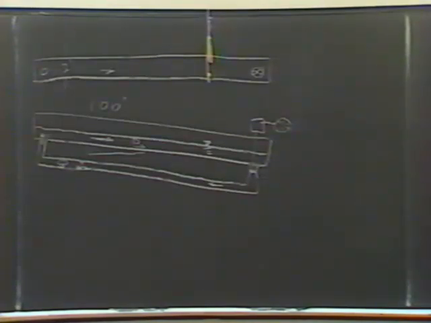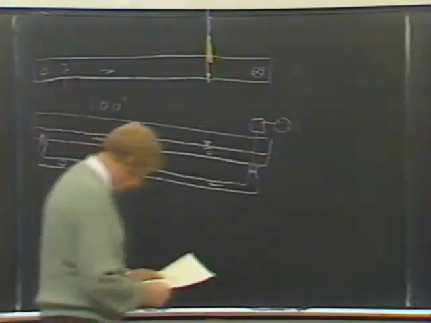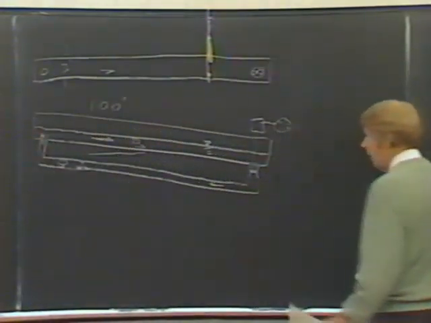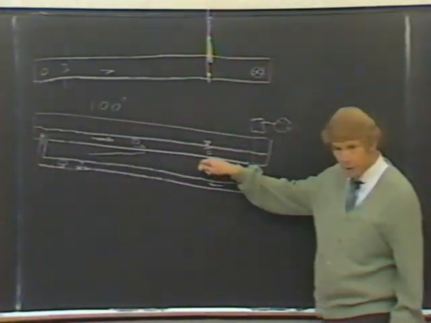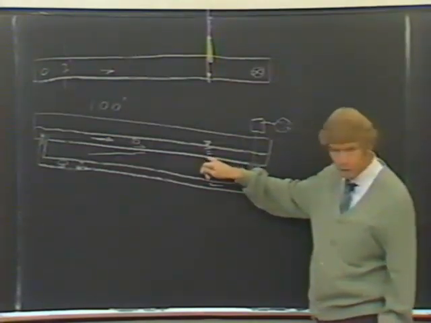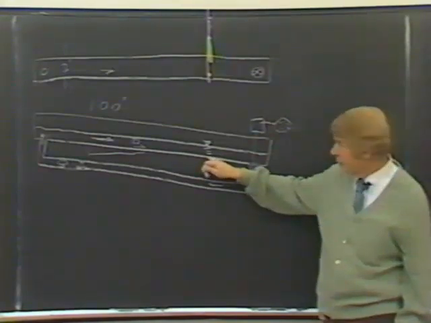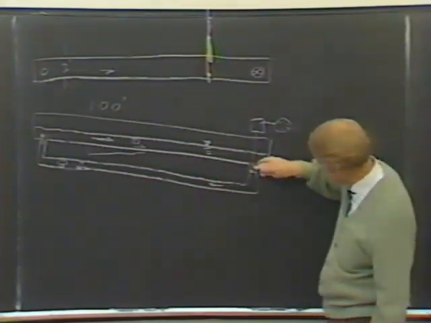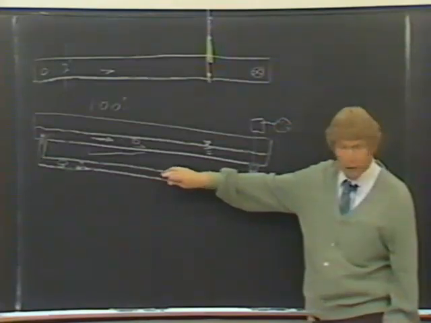The conditions in the flume differ from those in an open channel in an estuary, because the material has to go through the pump and up through the return line. Then it's completely mixed at the upper end, vertically mixed.